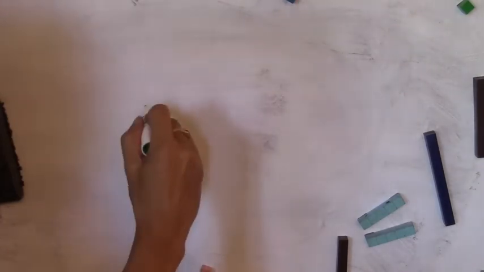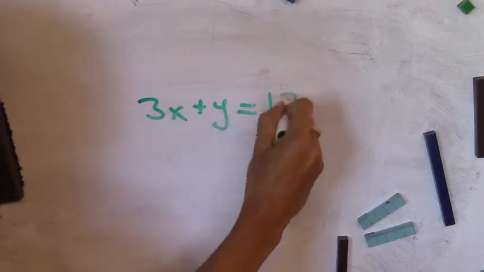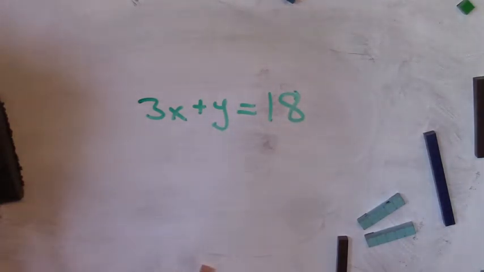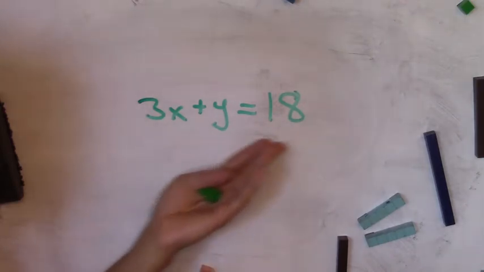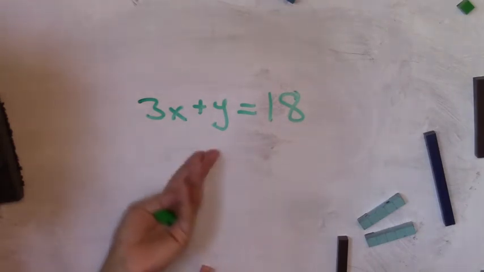So let's do 3x plus y equals 18. And again, it's infinite possibilities. All right. So now I'm going to narrow it down.